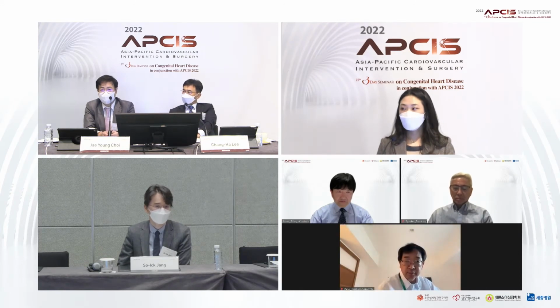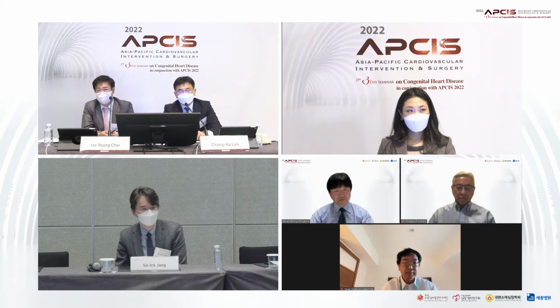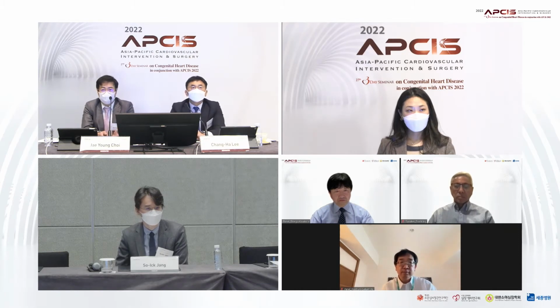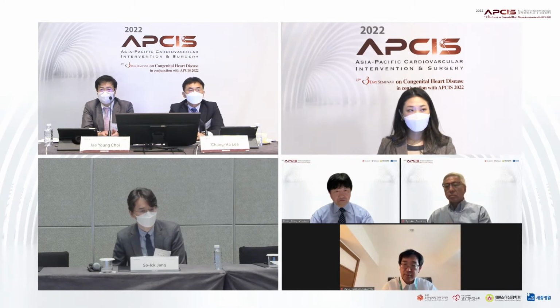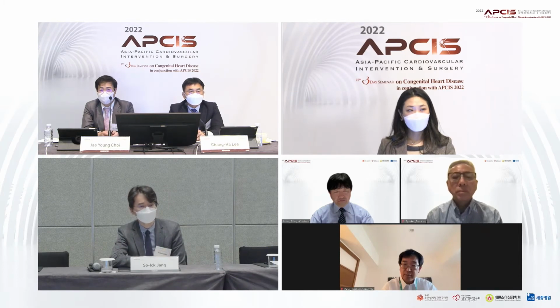If the patient has pulmonary atresia with VSD, there are increasing data from PDA stenting. What do you think? Before the initial palliation for this patient, would you perform the PDA stenting or something else?